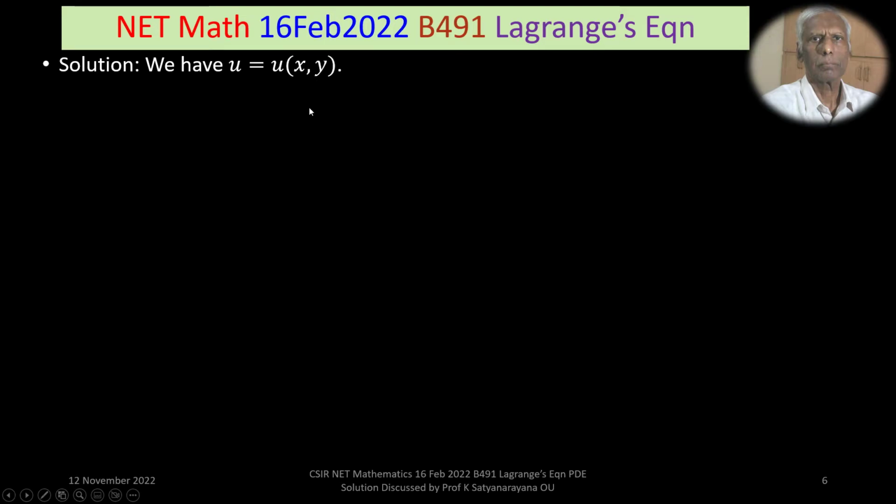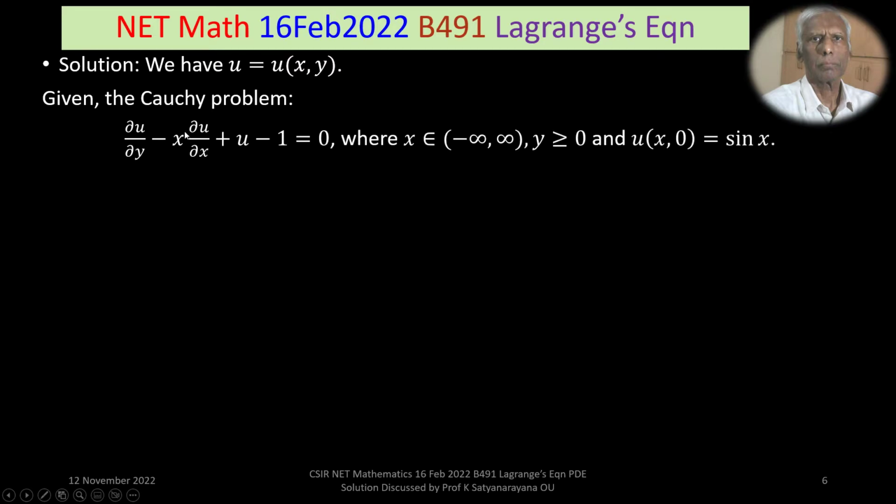We now discuss the solution of the problem in detail. We have u is a function of 2 independent variables x and y. Given the Cauchy problem, here we are given a first order partial differential equation with an initial condition.